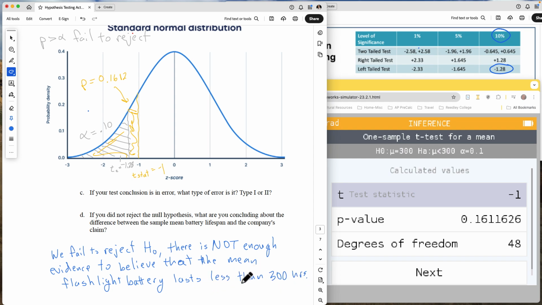So this brings in the alternate hypothesis. We can't say anything about it.